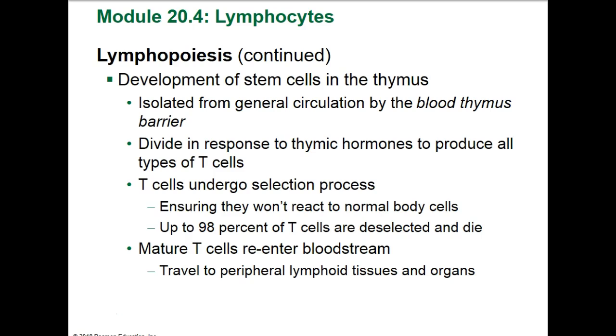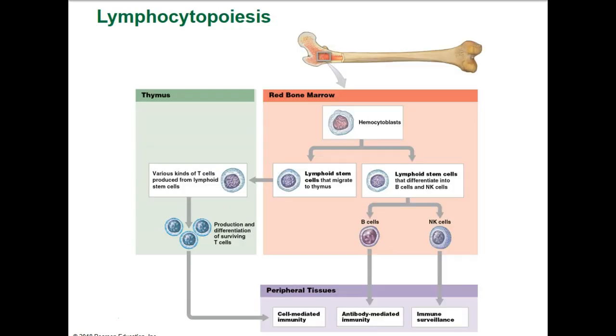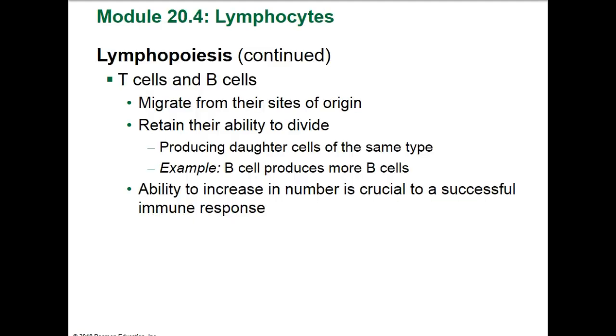And then, as we'll talk about later, your body gets rid of all the ones that recognize itself, so it doesn't destroy itself. So the majority of them do get deselected. The mature T cells re-enter the bloodstream. They travel to the peripheral lymphoid tissues and the organs. Okay, so that is lymphopoiesis. Okay, I think we will stop right there.